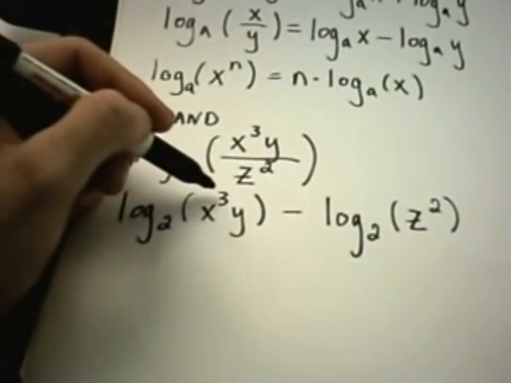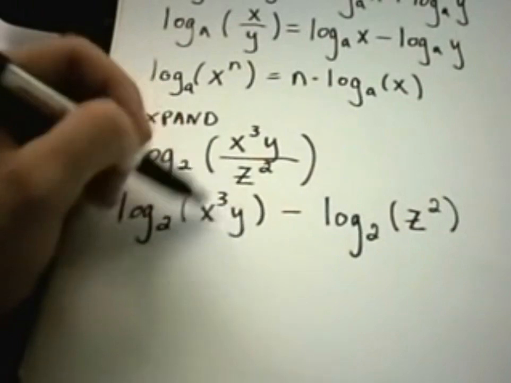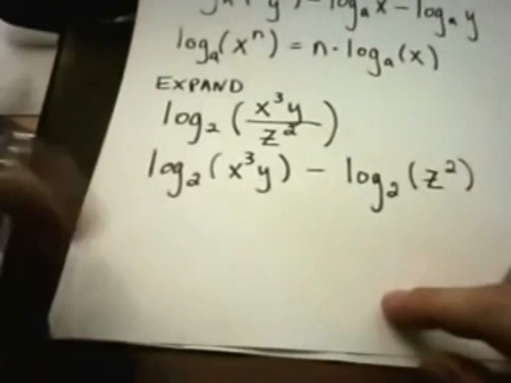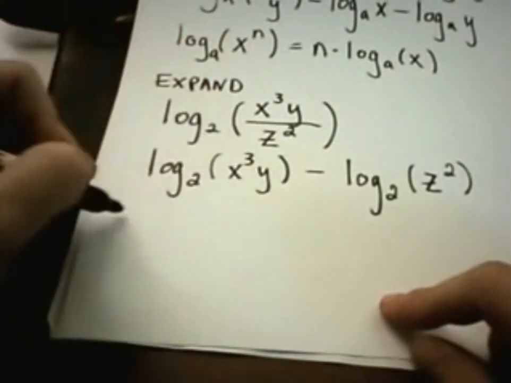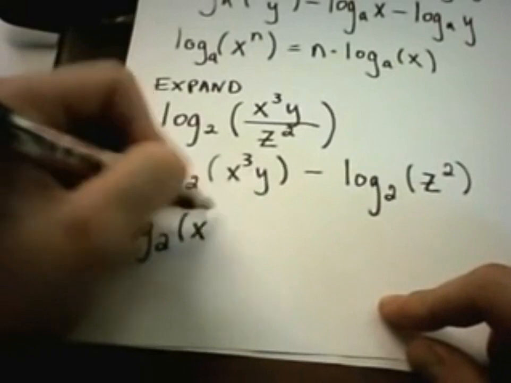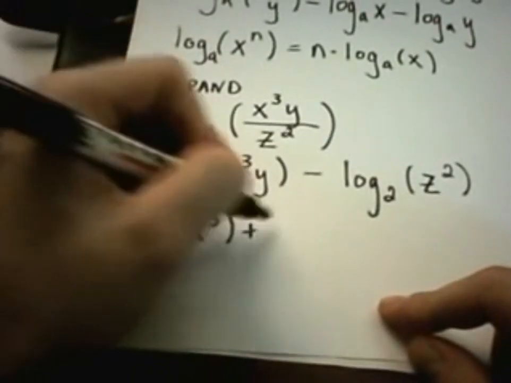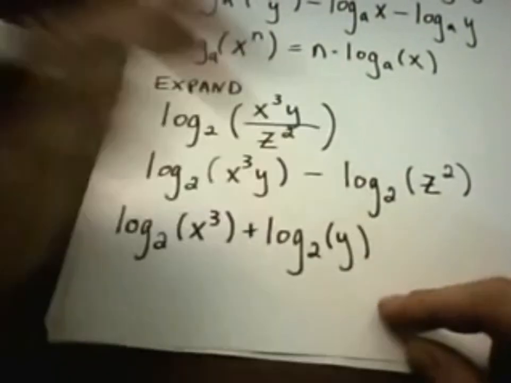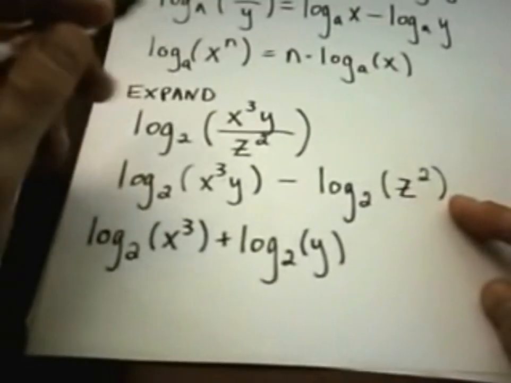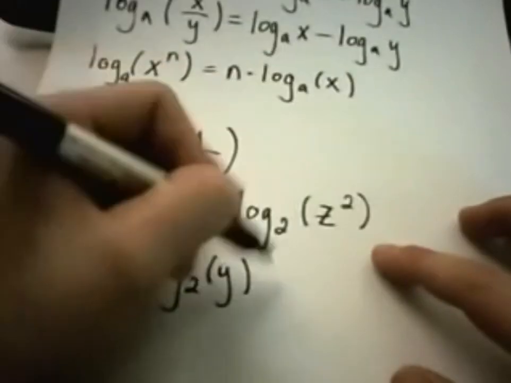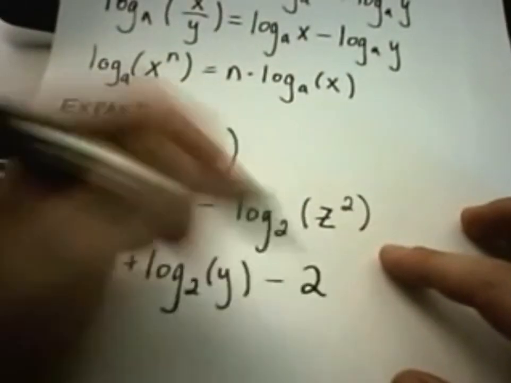And I have to be careful here. I can't pull the 3 out because everything's not being raised to the third, just the x. But now I do notice that I have multiplication, so I can break up this first one as addition. And I am going to use this property on my second one over here. It says if you have something raised to a power, you can pull that power out front.